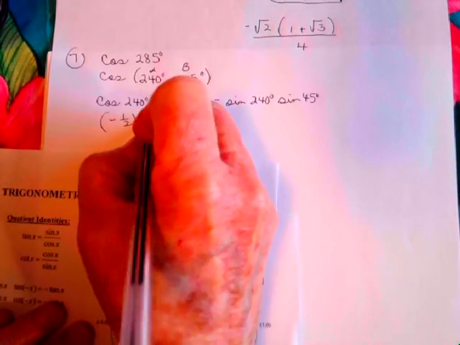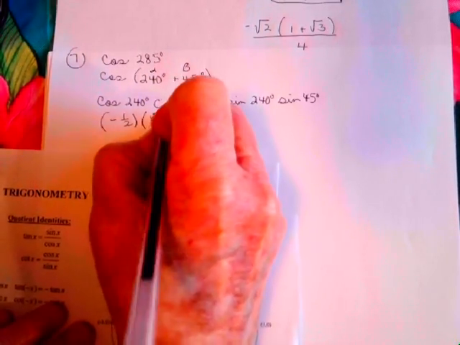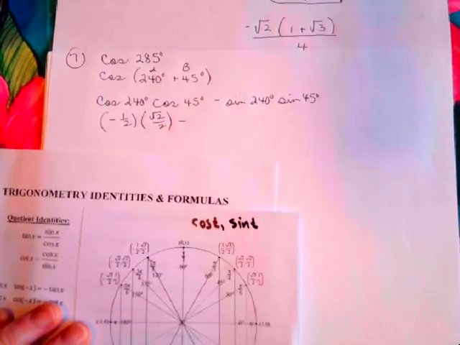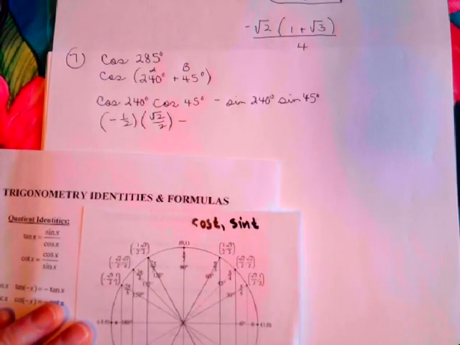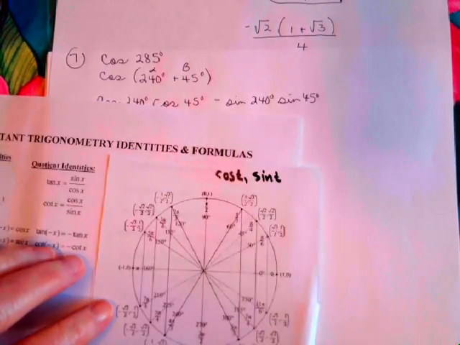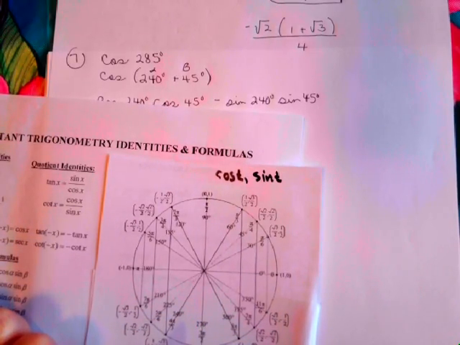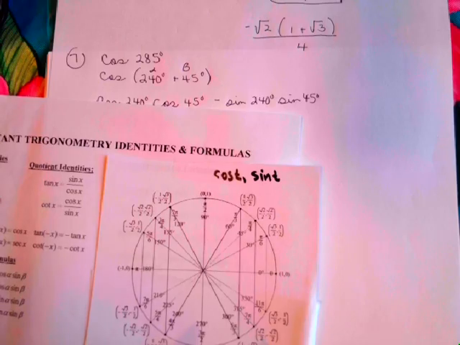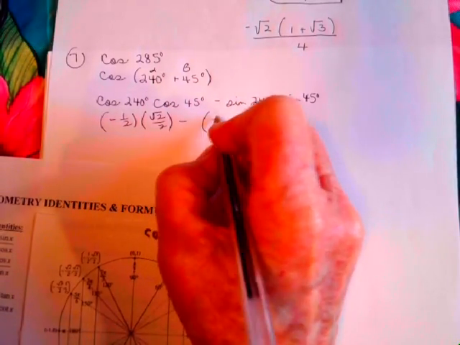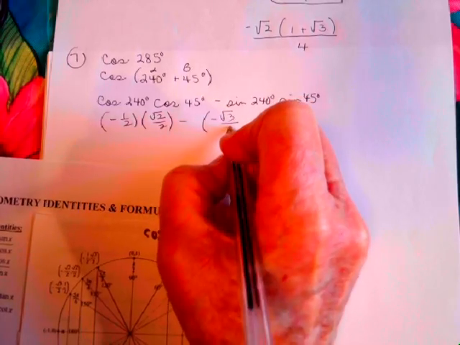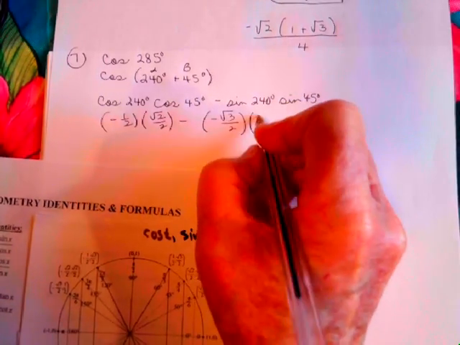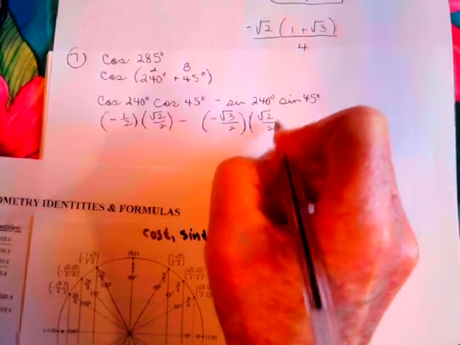Cosine of 45 is the square root of 2 over 2 minus the sine of 240. Here I am at 240. That second number is negative square root of 3 over 2. Be careful with your signs. Sine of 45 is the square root of 2 over 2.